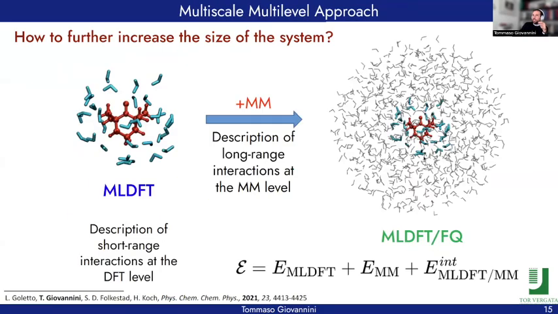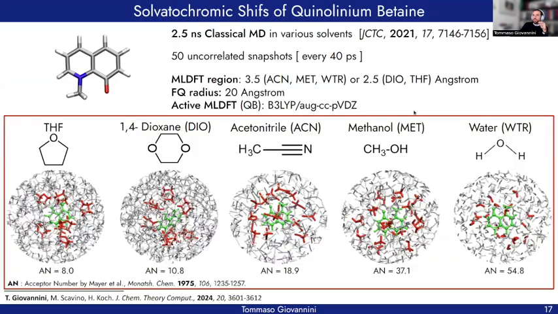In the application that I showed you, the quinolinium here in green is the active part, because I am interested in the electronic excitation of this part. Then I have the closest solvent molecules that are inactive, and all the rest that are MM. Okay, now it's clear.